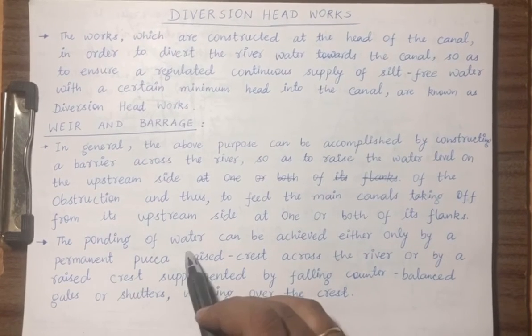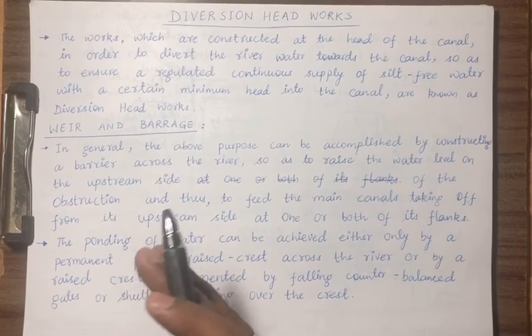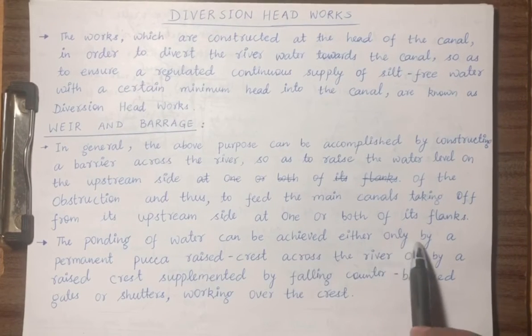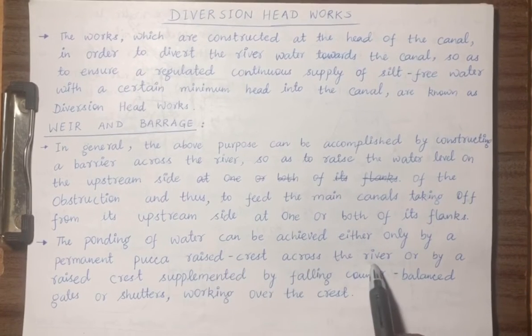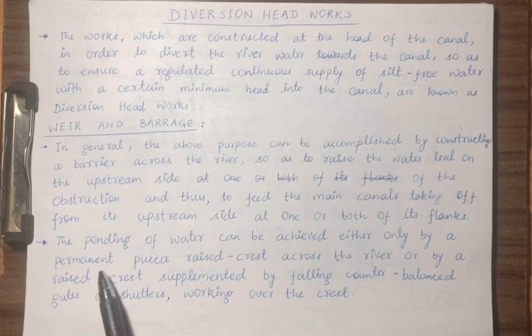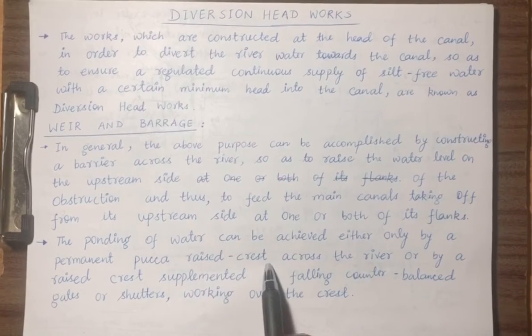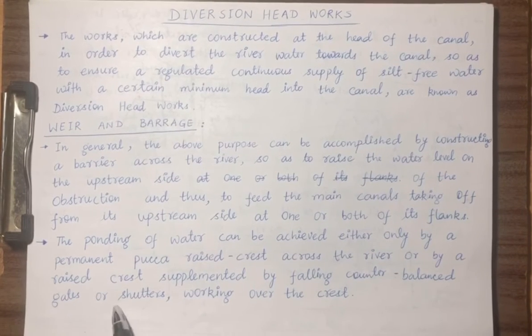The ponding of water, ponding meaning the accumulation of water across any barrier, can be achieved either only by a permanent pakka raised crest across the river, or by a raised crest supplemented by falling counterbalanced gates or shutters.